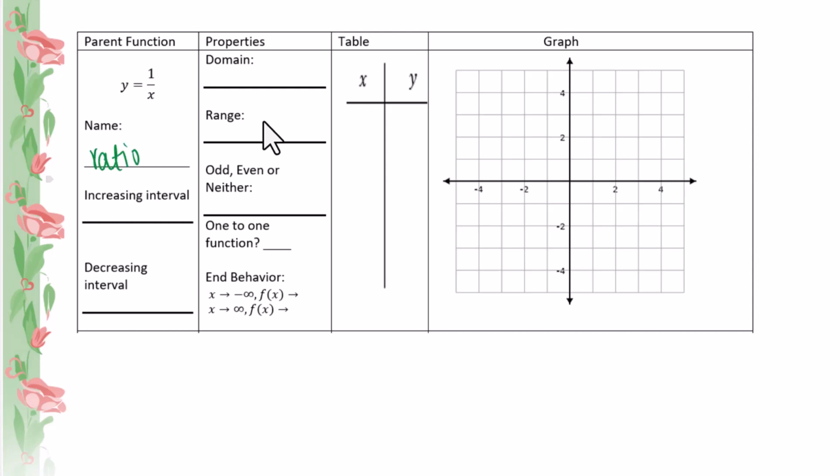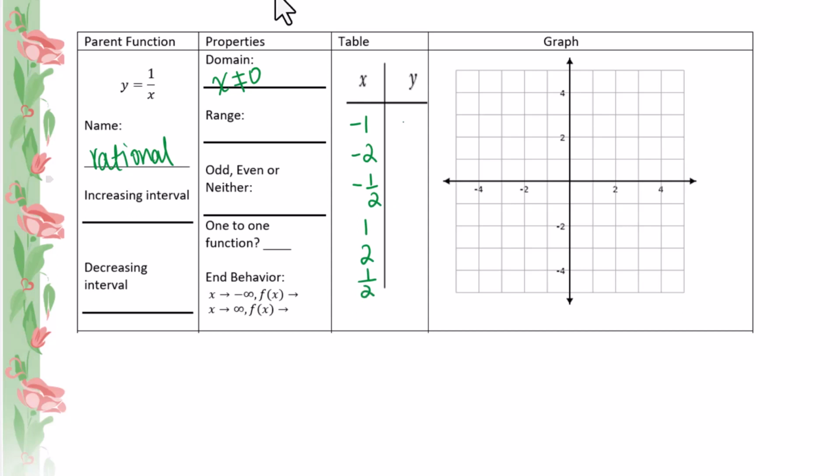Y equals 1 over x. This is a rational function. Since 0 cannot be denominator, the domain is x is not equal to 0. We'll use negative 1, negative 2, negative 1/2, 1, 2, 1/2.